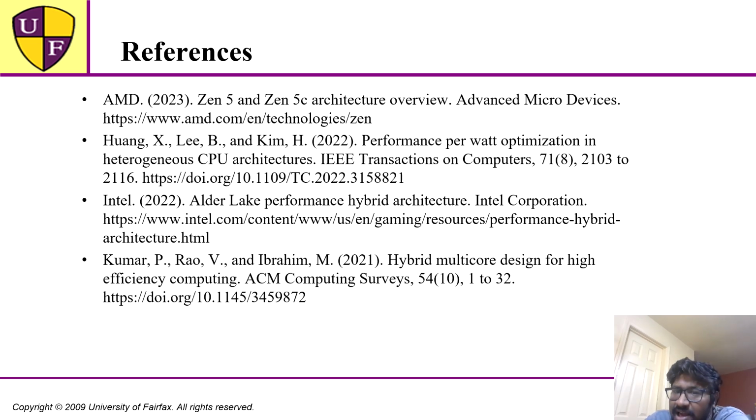I had to understand more of these things from these references, like the benefits of hybrid architecture, and mainly what P cores and E cores are. Intel introduced these CPU cores with their new hybrid processors. I got a lot of information from these papers and some online websites, which helped me make a good presentation.